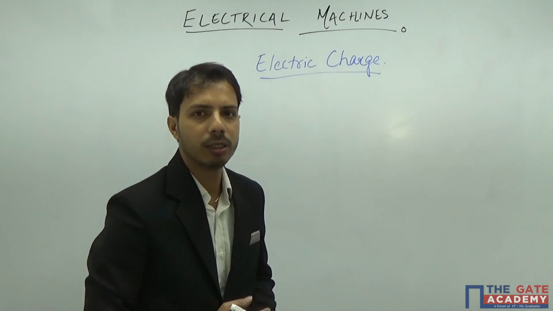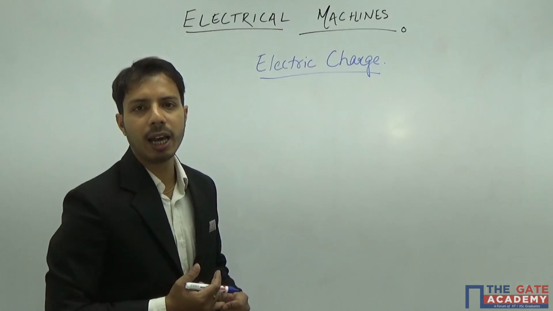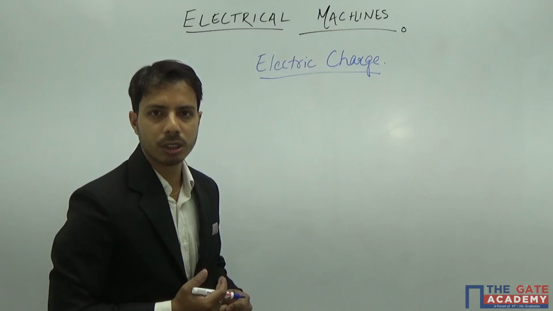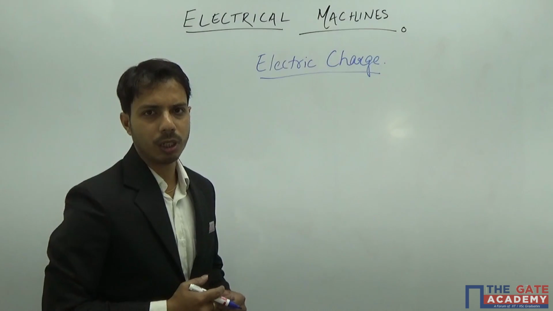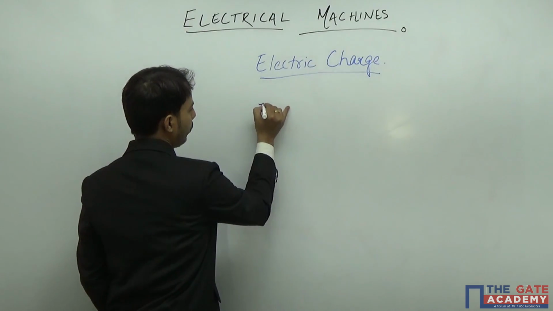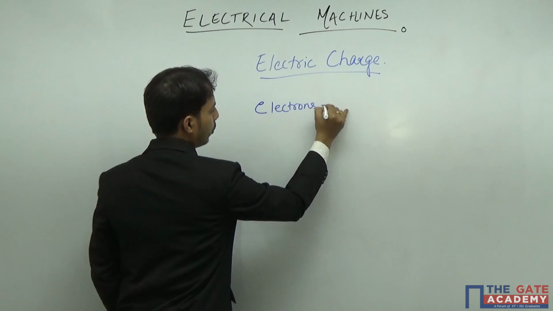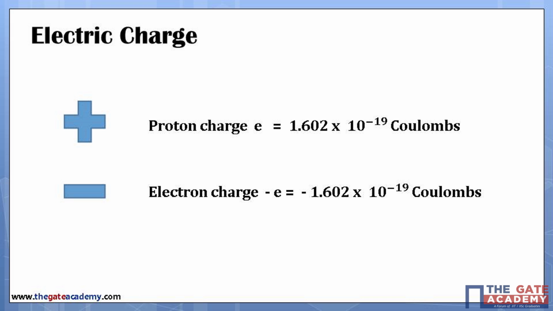Out of that, we know that atoms mainly consist of electrons, protons and neutrons. Electrons are negatively charged, and the charge of an electron, if you can see in your PPT, is minus 1.6 into 10 to the power minus 19 coulombs.